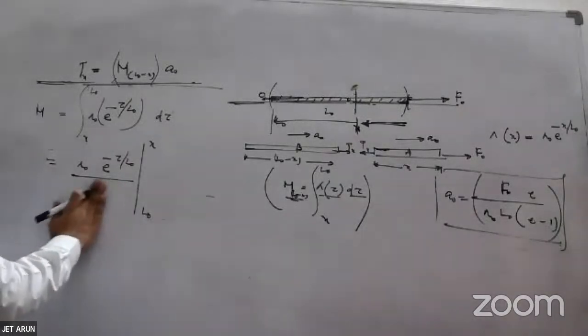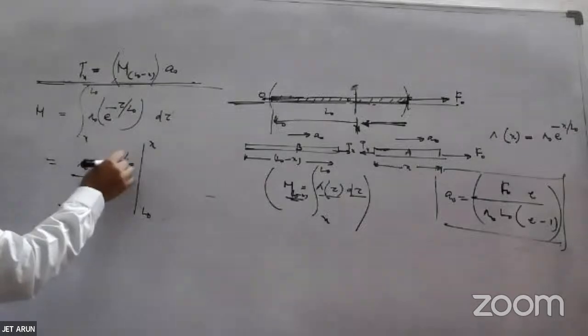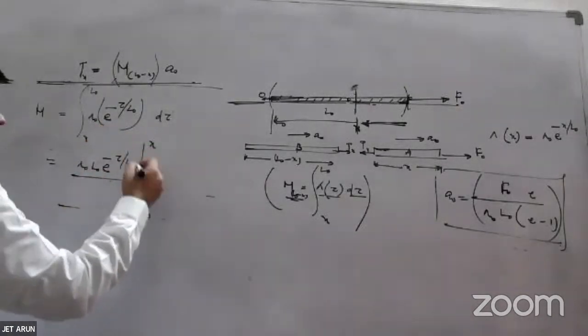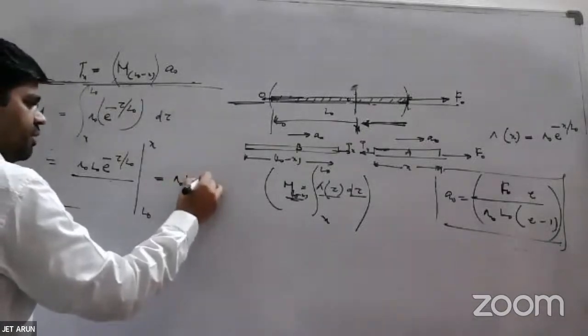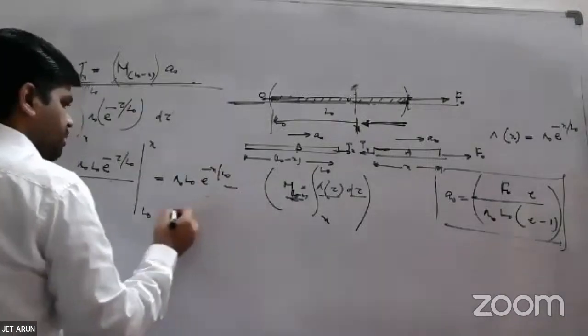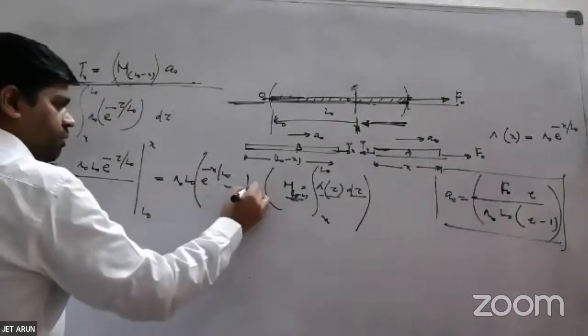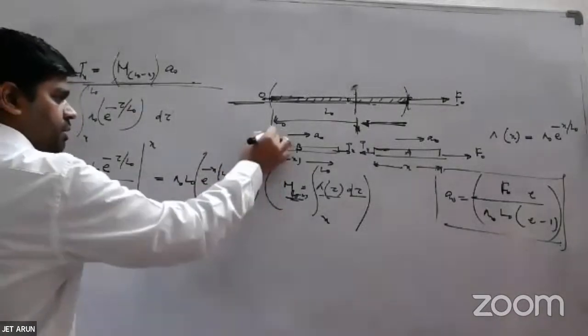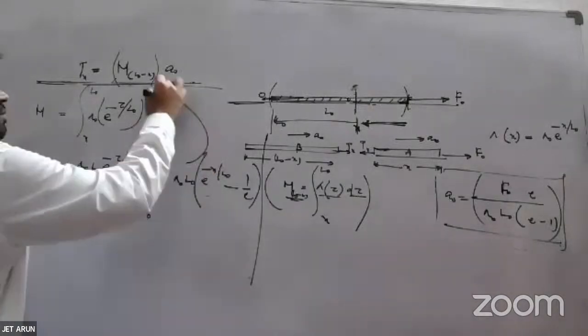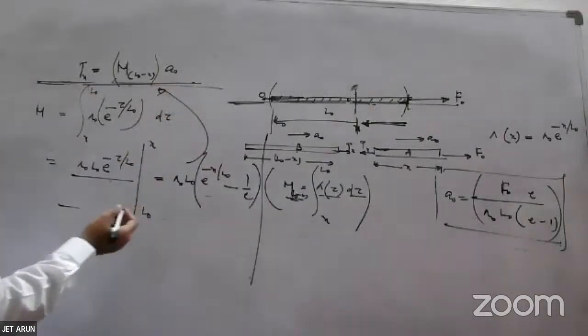So this would be lambda naught into L naught into e power minus tau by L naught from L naught to x. I substitute the upper limit first: lambda naught into L naught into e power minus x by L naught minus 1 by e. I got the mass now. I plug this mass in this equation and I'll get tension.